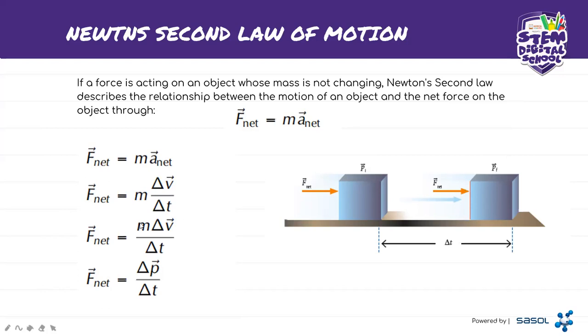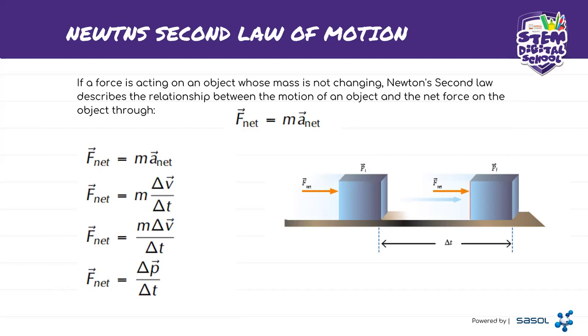And then from there, you can multiply together. It's going to be mass times change in velocity divided by change in time. So therefore, now we know that this is equal to the change in momentum divided by the change in time. Okay.